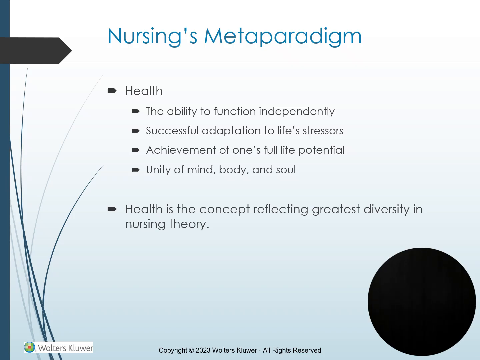When we talk about health, health is defined in nursing meta paradigm as the ability to function independently, successful adaptation to life stressors, achievement of one's full life potential, unity of mind, body, and soul. That is health.